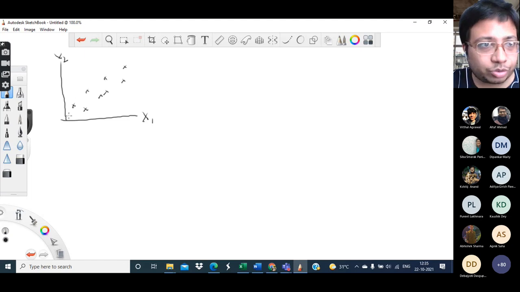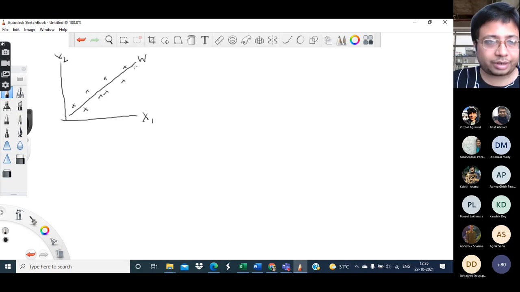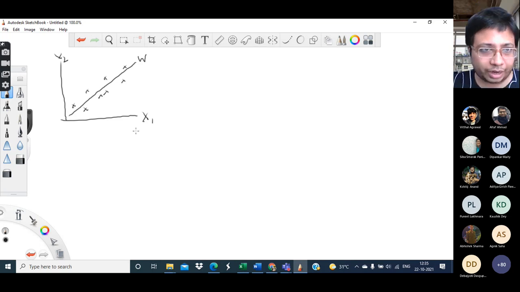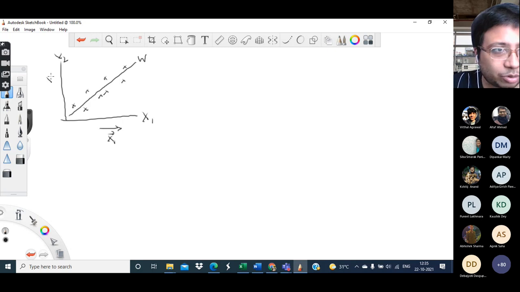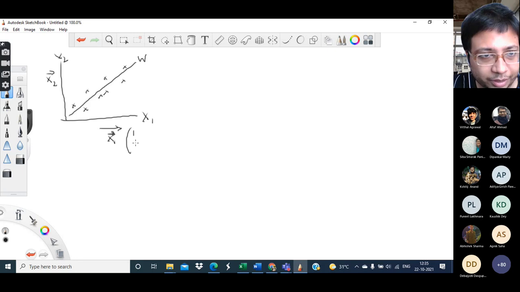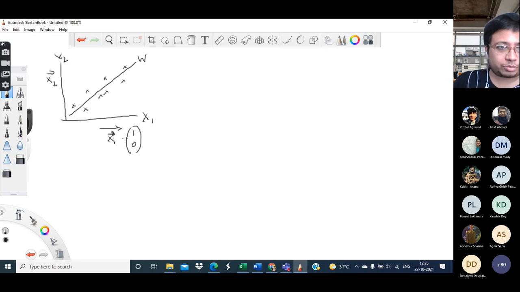I can call this the x1 vector, and similarly this the x2 vector, denoted by their unit vectors. The unit vector of x1 is 1 0. The unit vector of x2 is 0 1, etc.